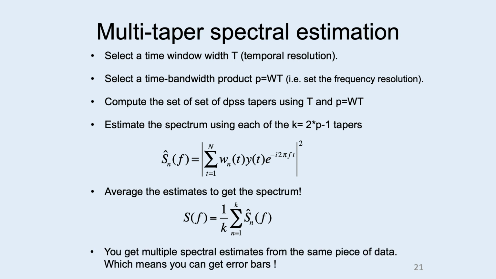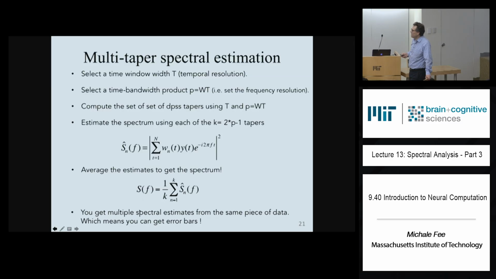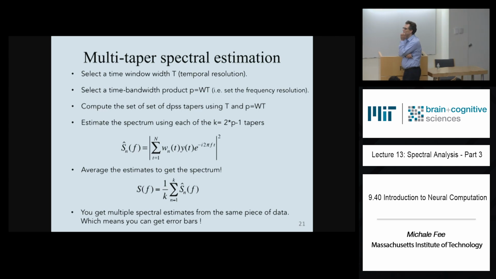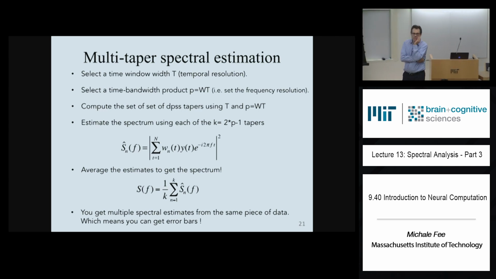Okay? Now, you get then multiple spectral estimates. You're going to average them together to get the mean. And you can also look at the variance to get the standard deviation. Questions? I'll stop there. That was a lot of stuff.